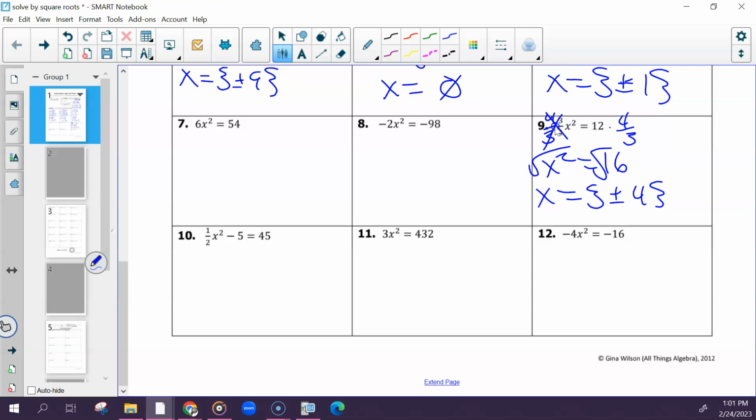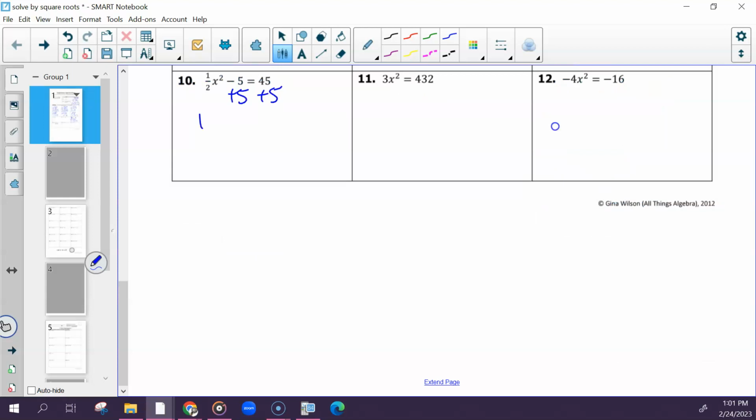What about 10? How would we solve that? You could do that. I wouldn't recommend doing that first. So add 5, yes. And then is it multiplied by the reciprocal?